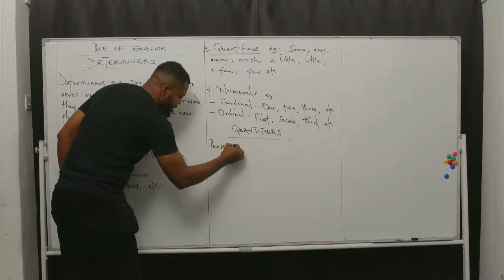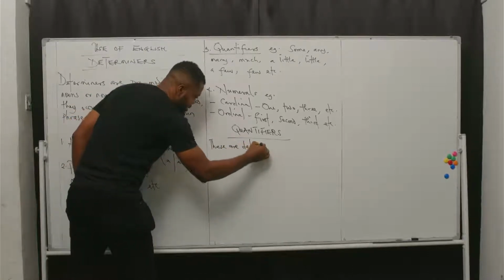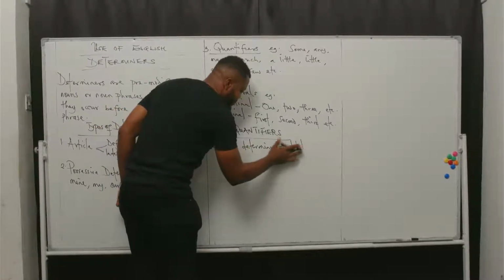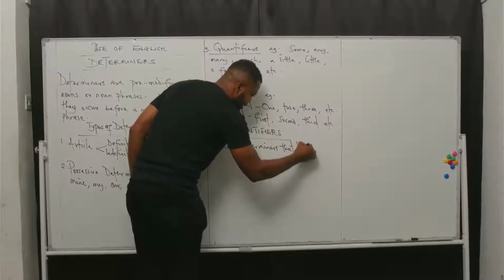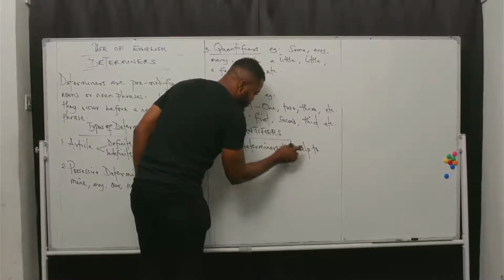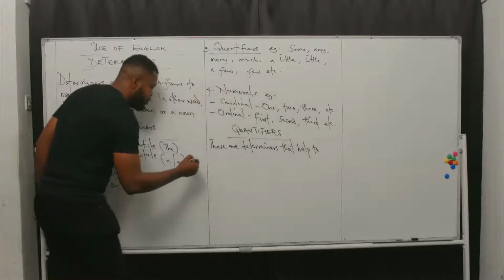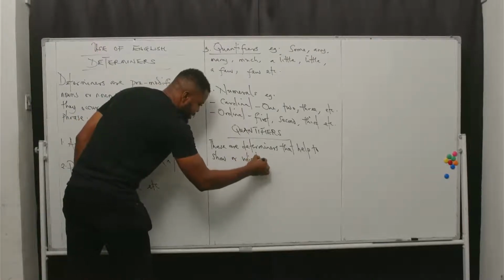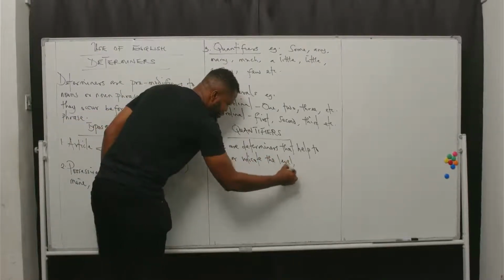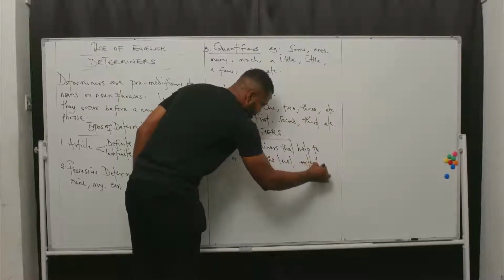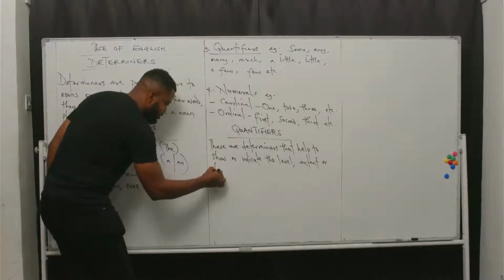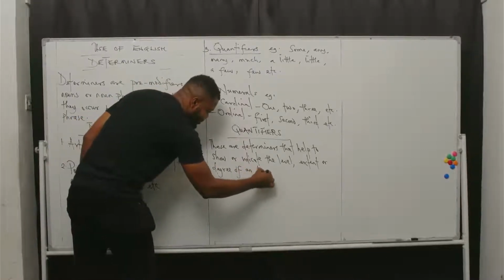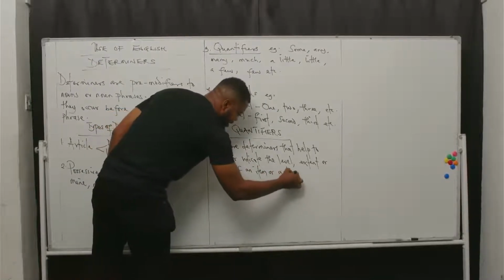So these are determinants that help to show or indicate the level or degree of an item or a thing.